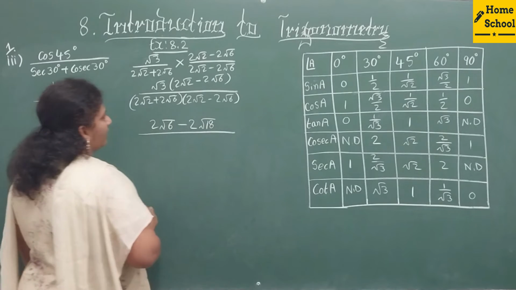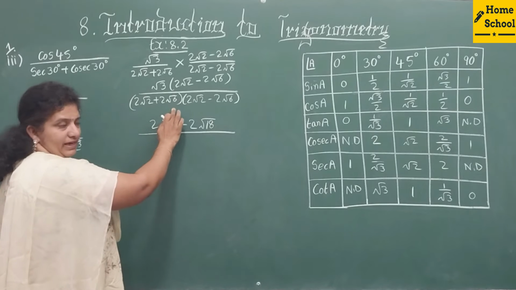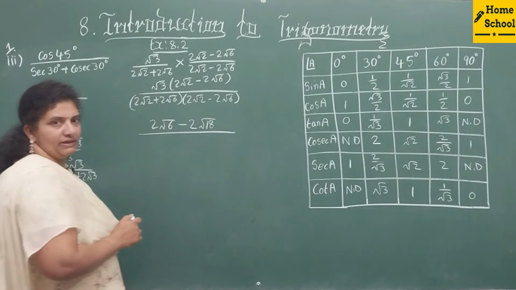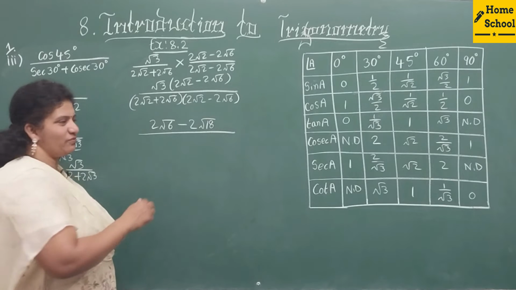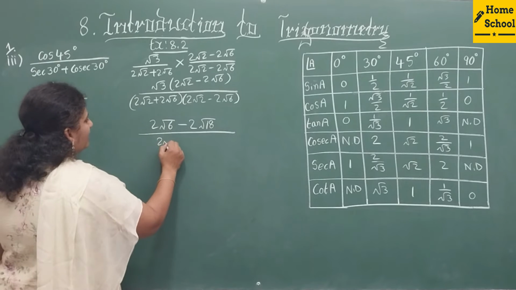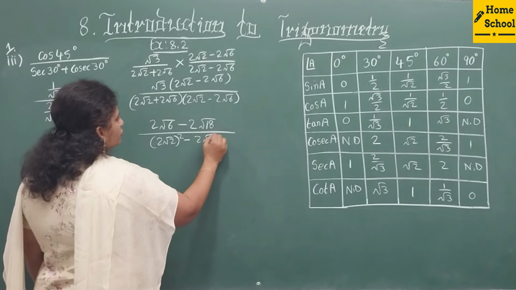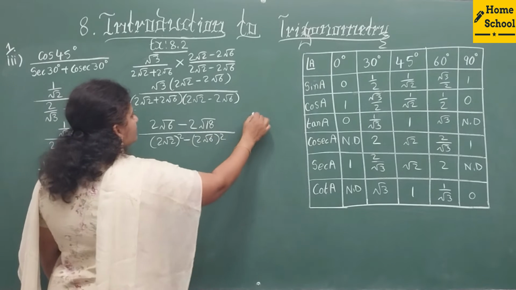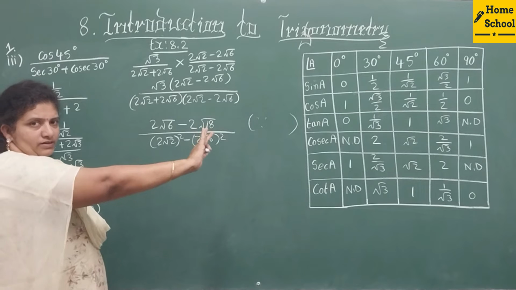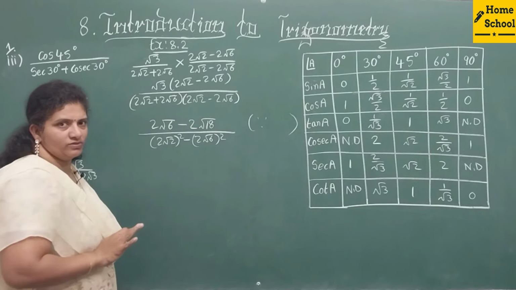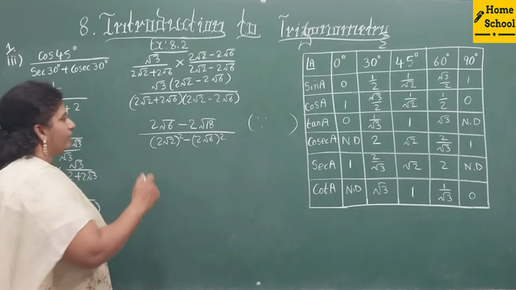Whole divided by, observe children, here it is in the form of a plus b into a minus b. What is a plus b into a minus b? A square minus b square. So write that directly: 2 root 2 whole square minus 2 root 6 whole square. See children, you write the formulas by taking a bracket beside and write all those. Okay, we are doing the problems a little short.